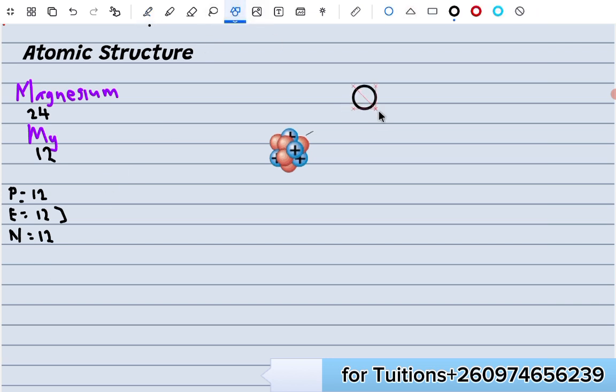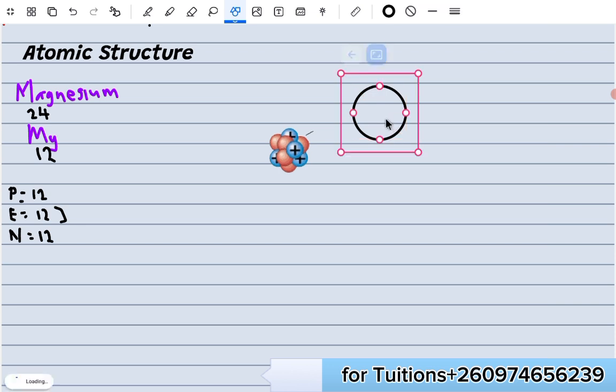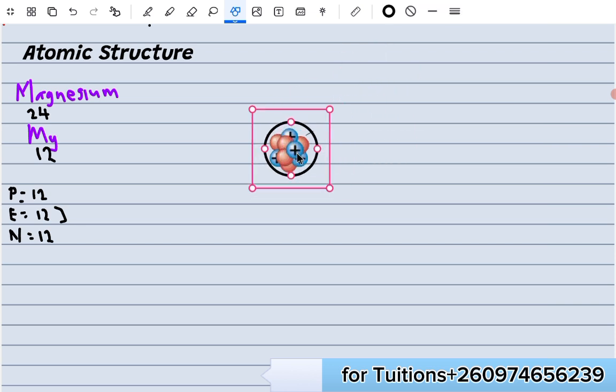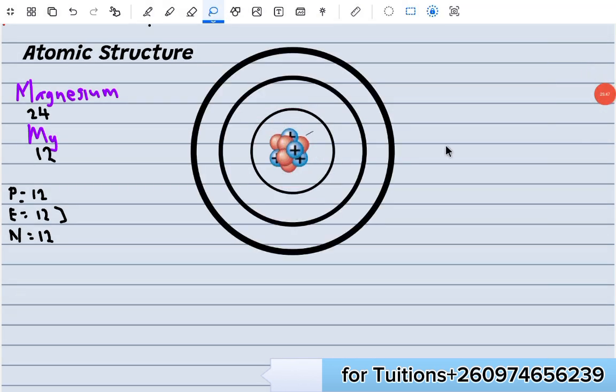So what you do now, I've drawn 3 shells here. Let's try to put these electrons there. If you remember, this is shell number 1, shell number 2, 3, and the 4th shell.